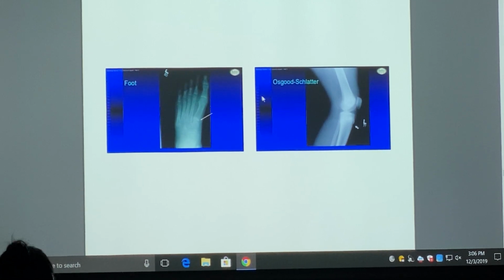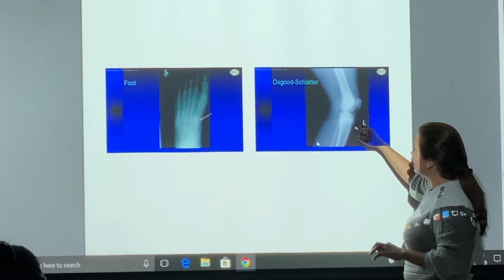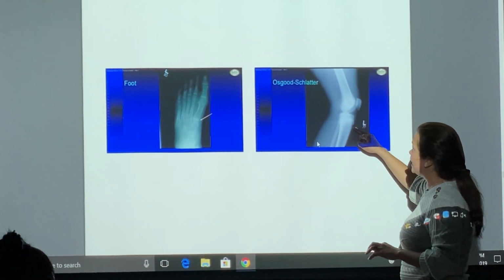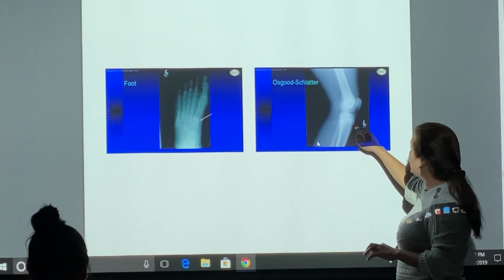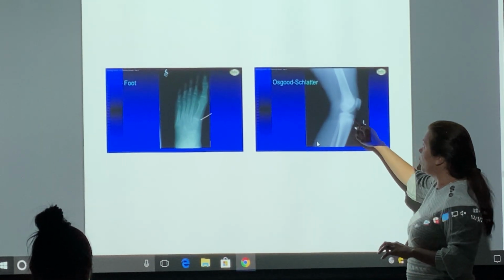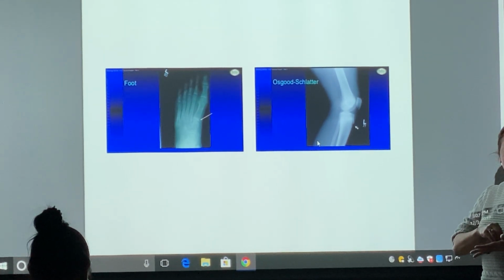So basically, Osgood-Schlatter disease is no more than an inflammation and also a protuberance of the ligament that attaches the femur with the tibia. Okay? So basically, it's an inflammatory process at the level of the ligament that attaches to the tibial tuberosity.